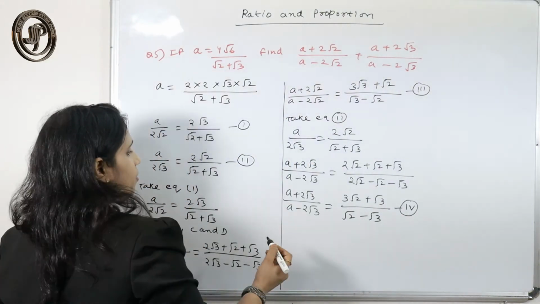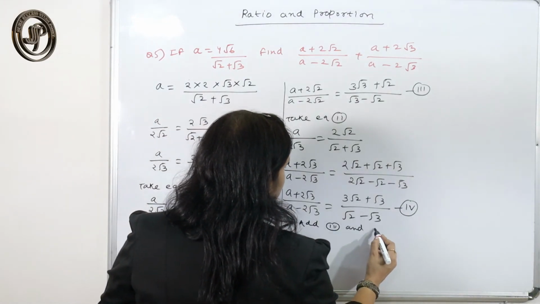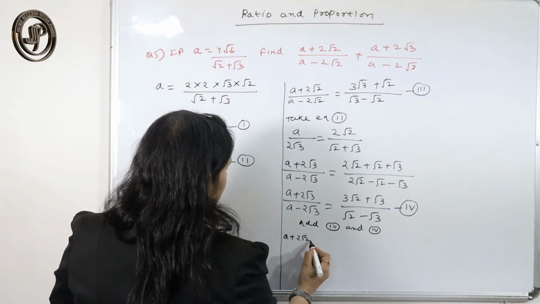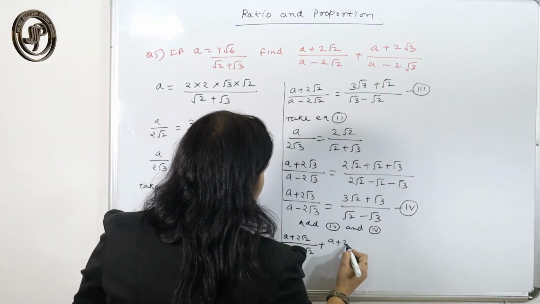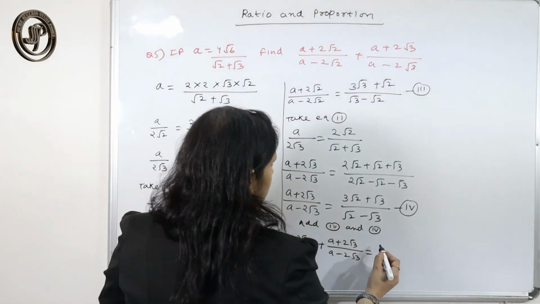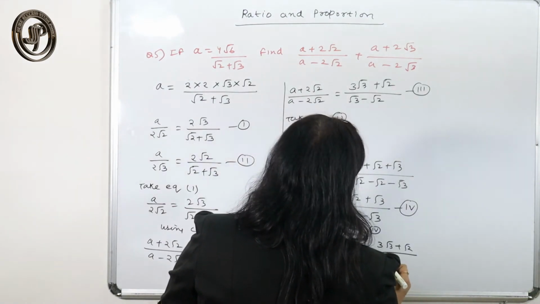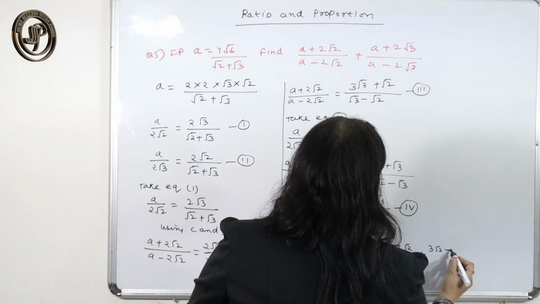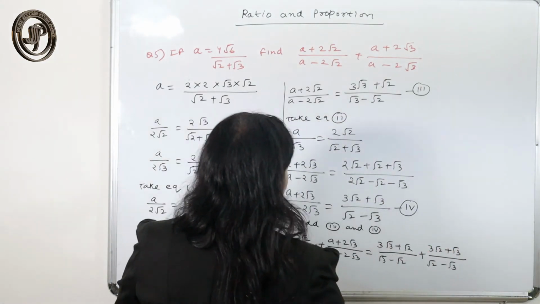Now you have to add equations 3 and 4. If you add equations 3 and 4, your LHS is this plus this. I am adding LHS together and RHS together. Plus root 2 upon root 3 minus root 2 plus 3 root 2 plus root 3 upon root 2 minus root 3.